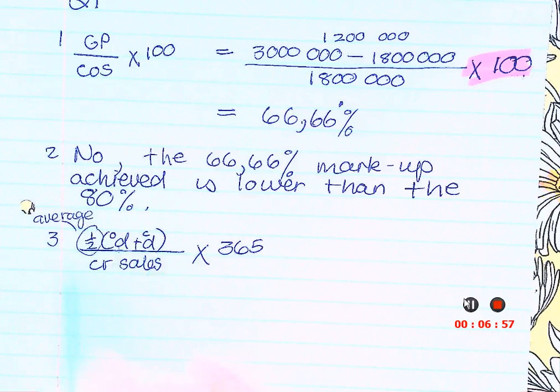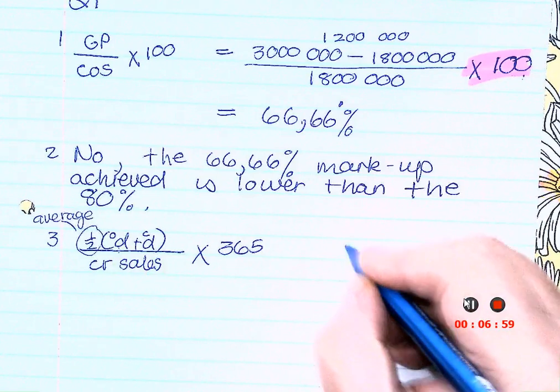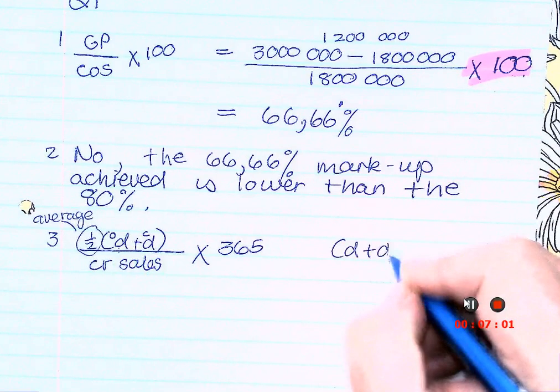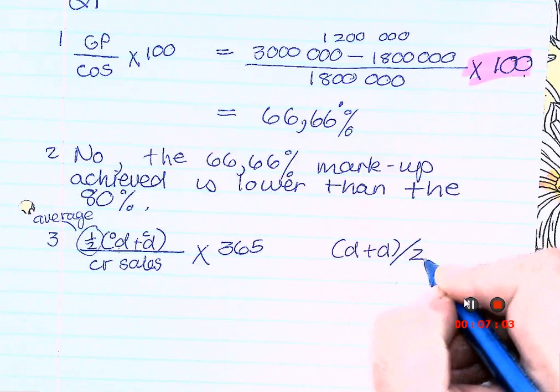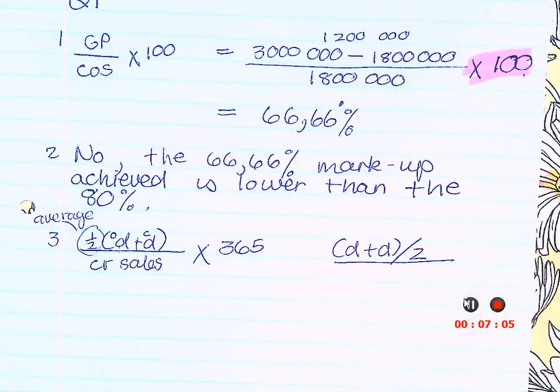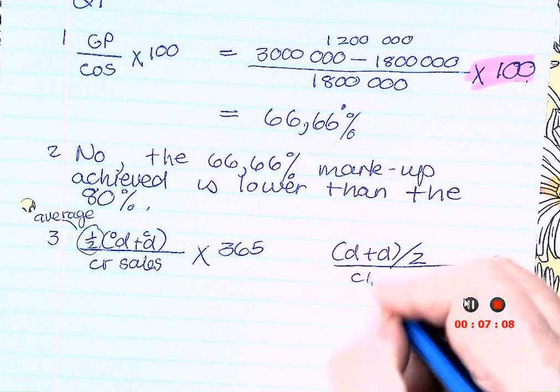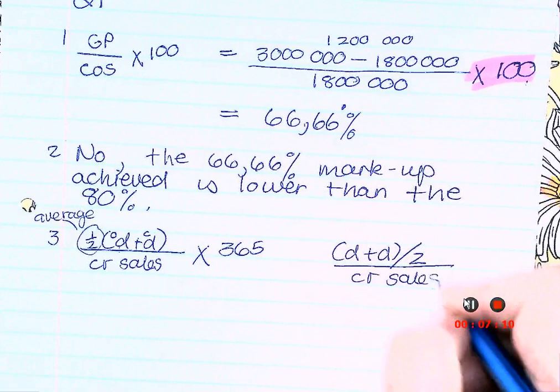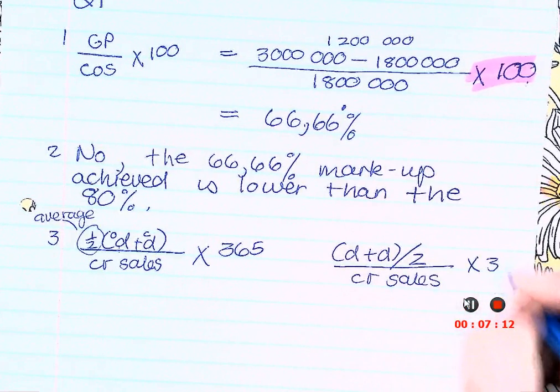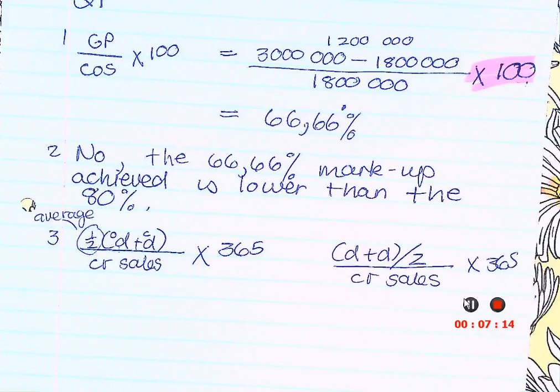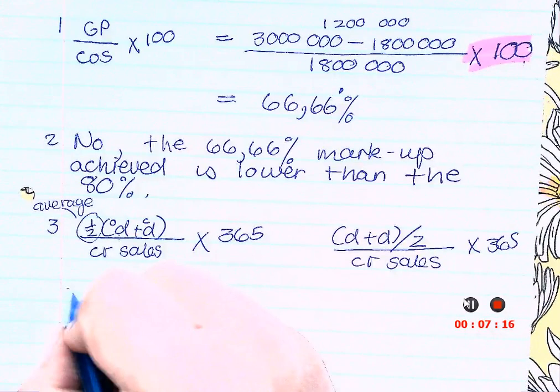Another way to write it is you can say opening debtors plus closing debtors divided by 2 over credit sales. Both exactly the same thing. Whichever one makes sense to you. So I'm going to say half.